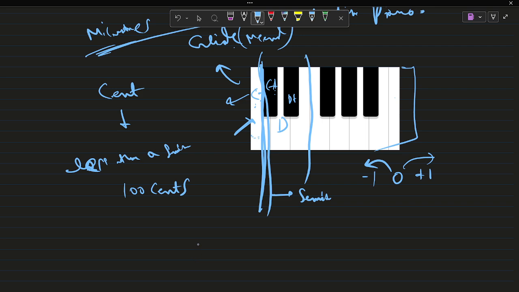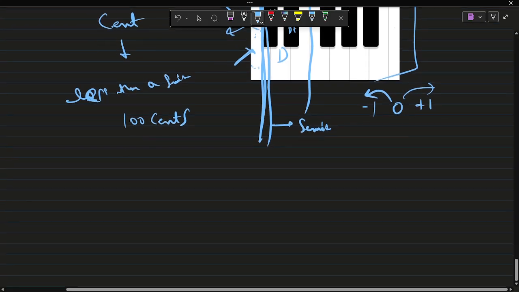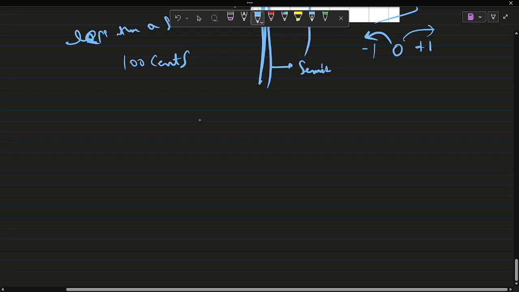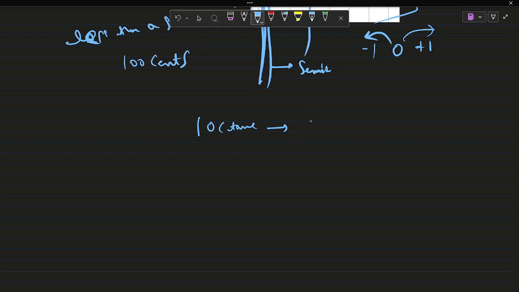That's why when we take the distance between two frequencies, we actually get the distance as a ratio. And as we know, one octave in 12 tone equal temperament consists of 12 notes. 12 notes means 12 semitone intervals.